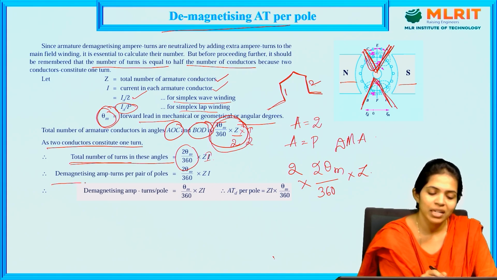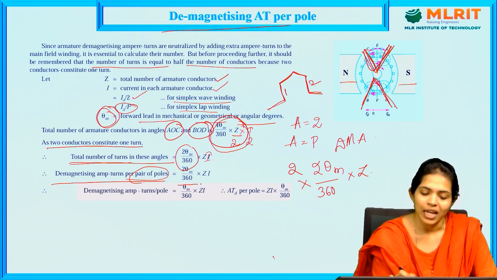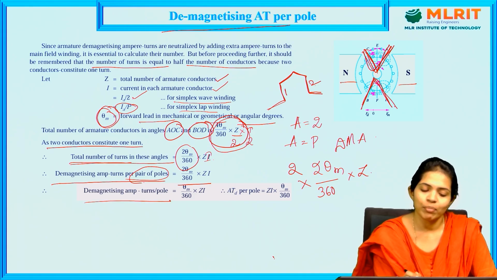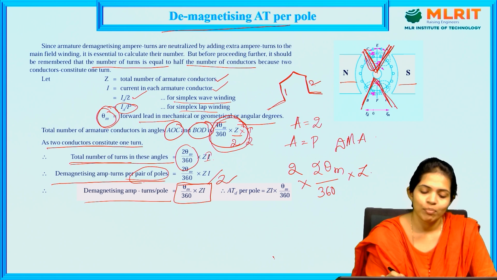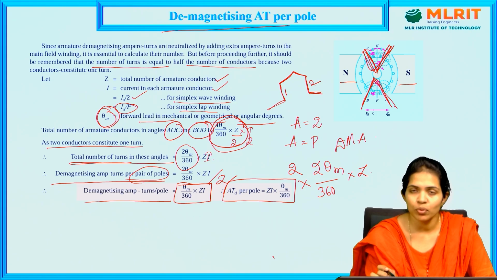So the demagnetizing ampere turns, if we calculate it per pair of poles, we get 2 theta M by 360 into Z into I. And if we calculate the demagnetizing ampere turns per one pole, this equation is divided by 2 and we get theta M by 360 into Z into I. This is the ampere turns per pole, or the demagnetizing ampere turns per pole.